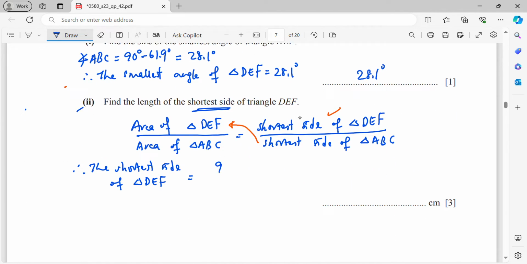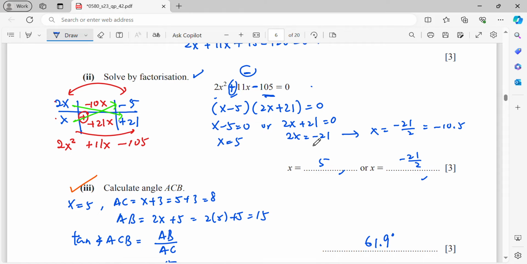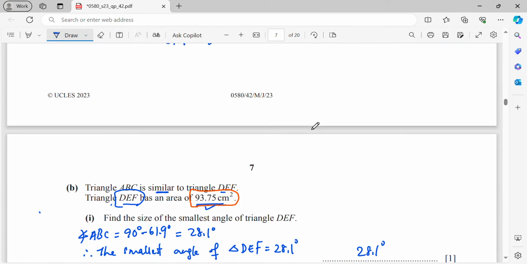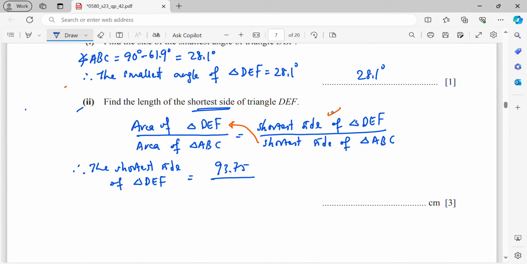So I will just write 93.75 over the area of triangle ABC, which is given in the question. The area of the triangle is 60, so I will just divide by 60.